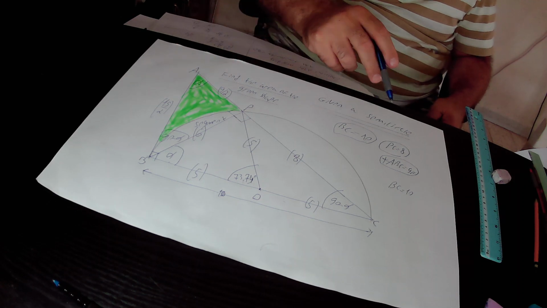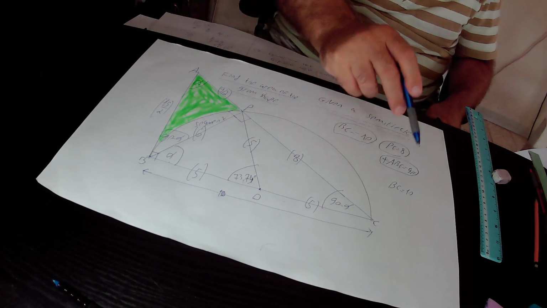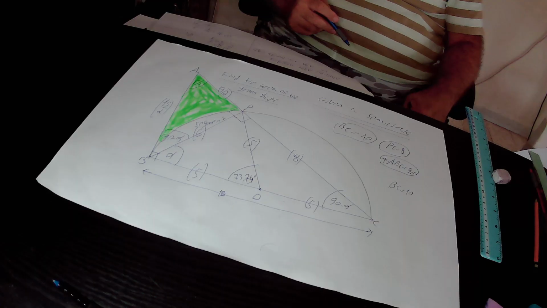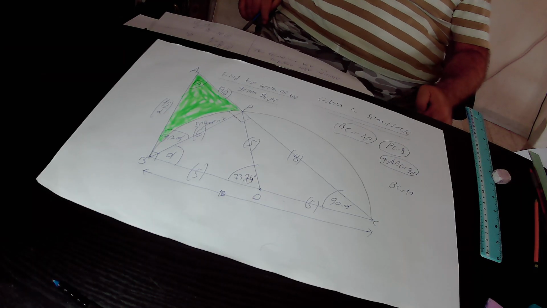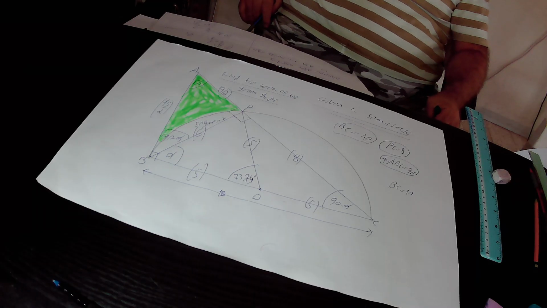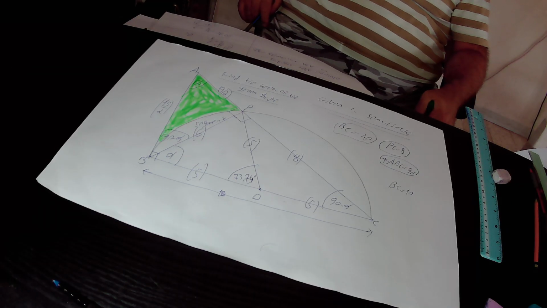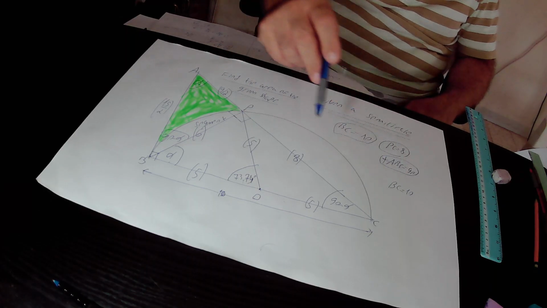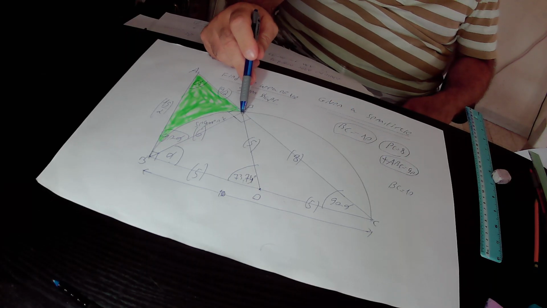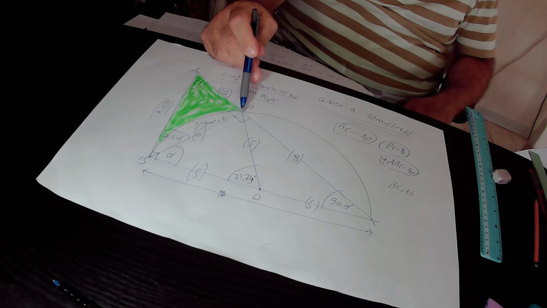Peripheral angle BPC subtends BP, that is the diameter of the circle, and according to rule 5, any peripheral angle that subtends the diameter of the circle must be equal to 90 degrees in its size. Therefore, this peripheral angle BPC must be equal to 90 degrees according to rule 5.